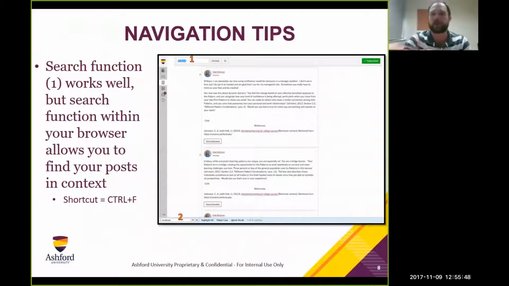So it's easier to see if another classmate responded to you, or maybe your instructor followed up and asked a couple questions. Using that Control F and the search function within the browser, as opposed to the one in the navigation bar, is a little bit better of a tool for those specific purposes, if you want to see your post in the context of everything.